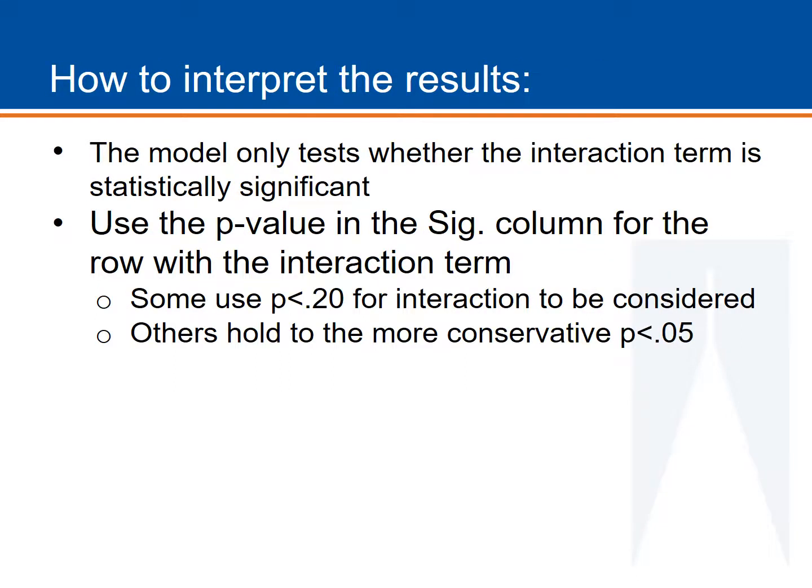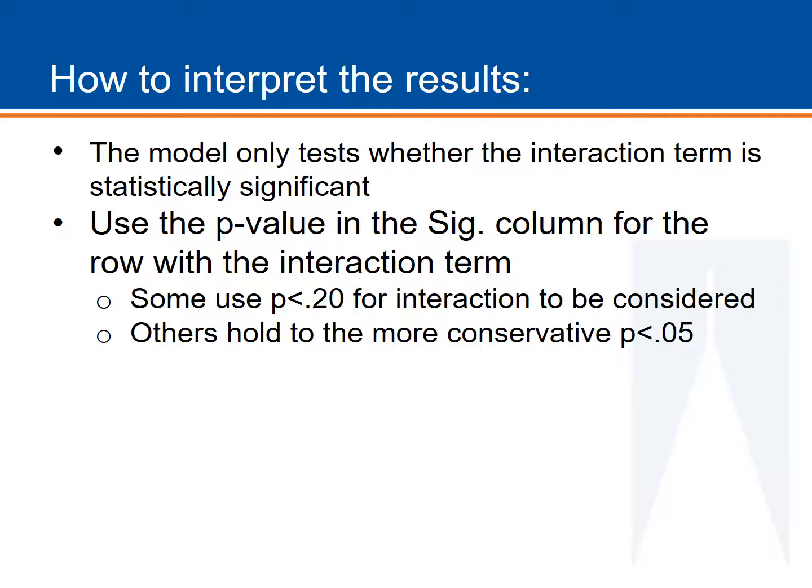Before we look at the results, it is important to remember that the model you run is only useful to test statistical significance for the interaction term. A second thing to consider is that some researchers use a more generous threshold for the p-value of an effect modifier. Some use a p-value cutoff of 0.20 instead of the more conservative 0.05 cutoff. Remember that the p-value is designed to err on the side of caution.